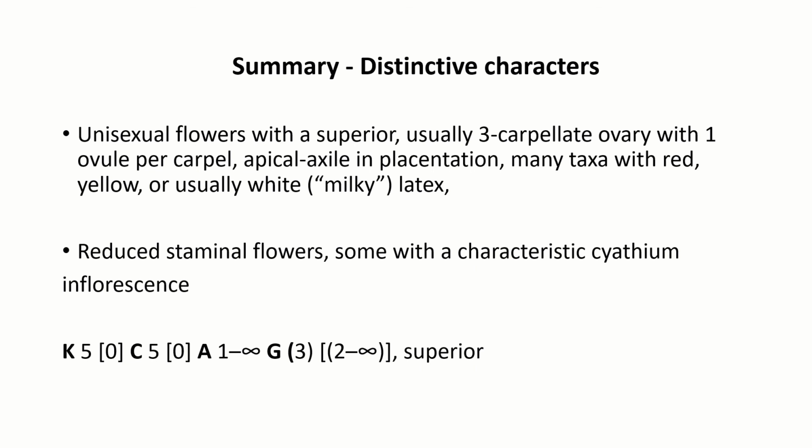So the flowers are unisexual with a superior, usually 3 carpellate ovary with 1 ovule per carpel, apical axile in placentation. Okay, and this feature, whitish latex. Please remember this. Reduced staminal flowers, some with a characteristic cyathium inflorescence. And this is your floral formula.